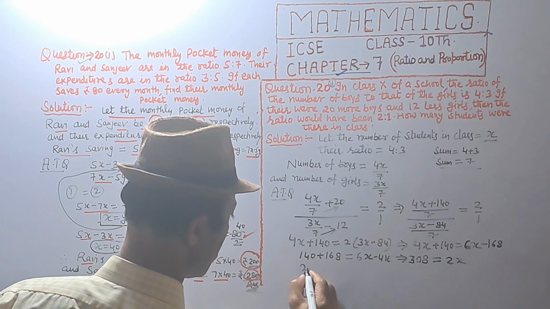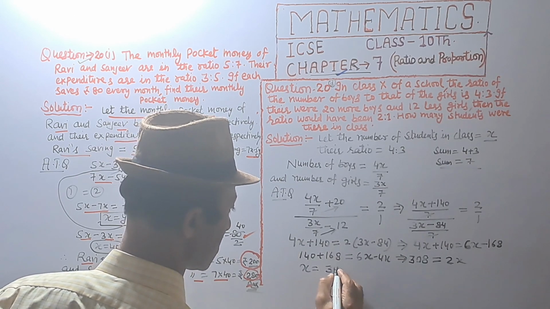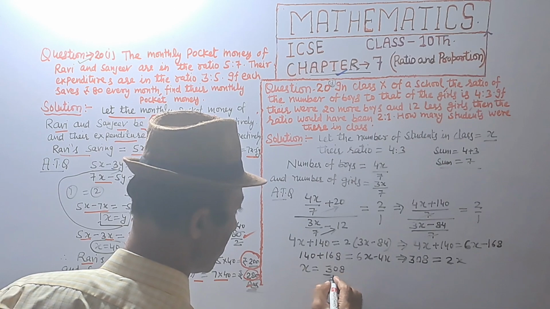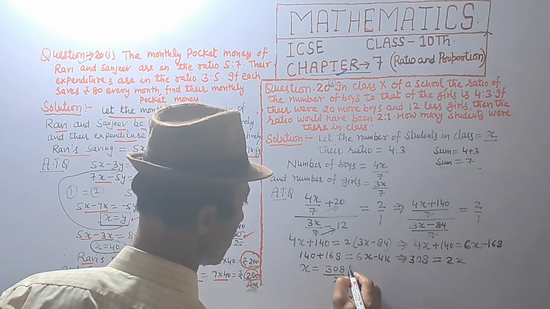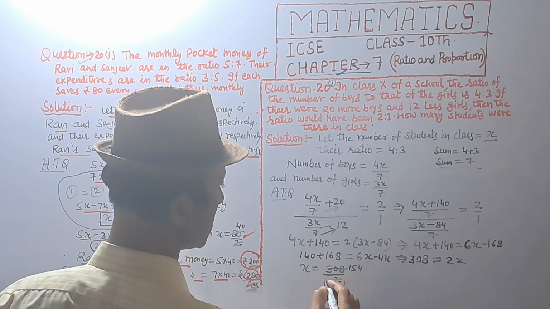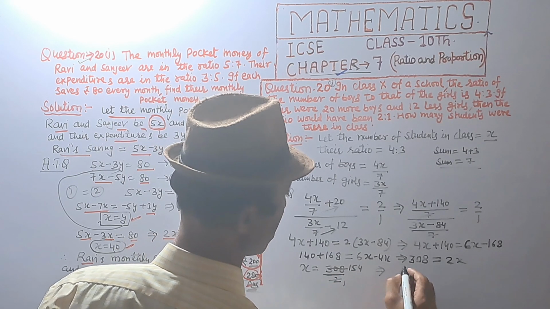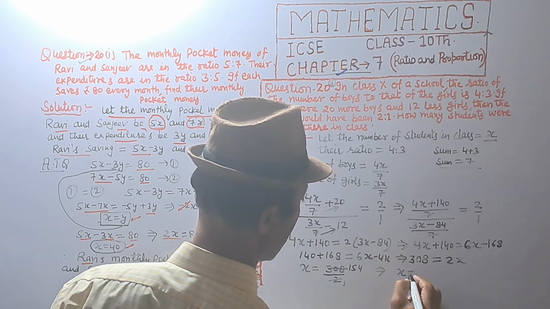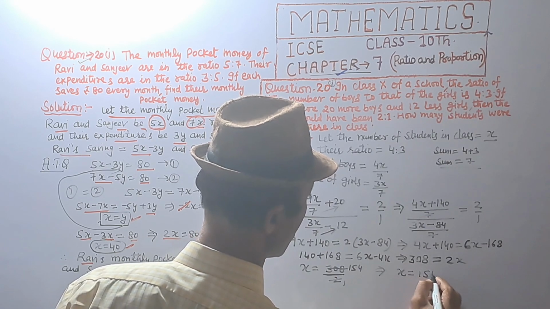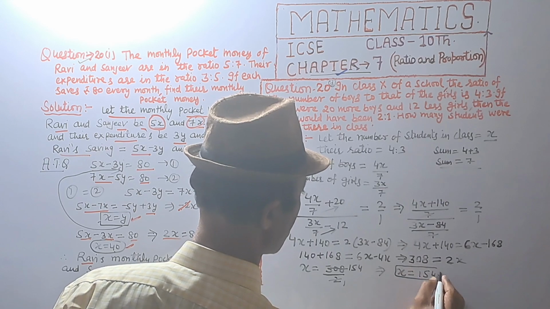x is equal to 308 divided by 2, that is 154. Which implies x is equal to 154.